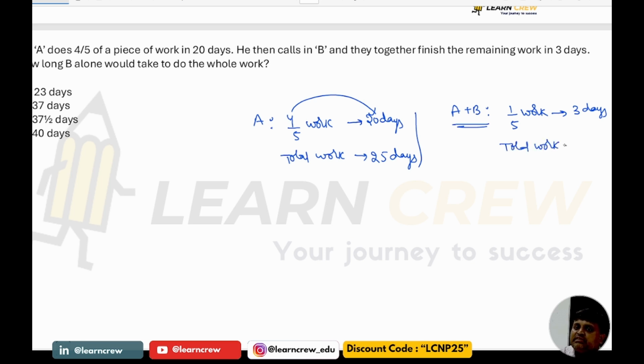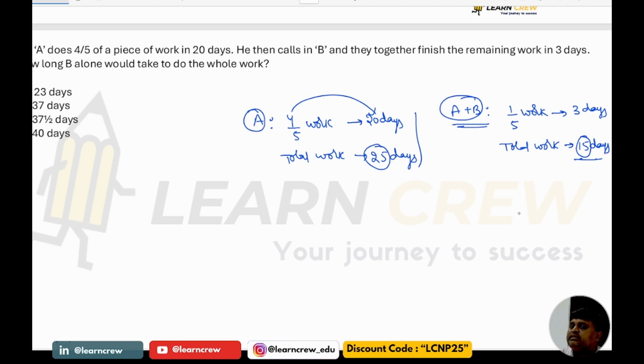To complete one part, A and B together take 3 days, so 5 parts take 15 days. So A alone can complete the work in 25 days, and A and B together in 15 days.